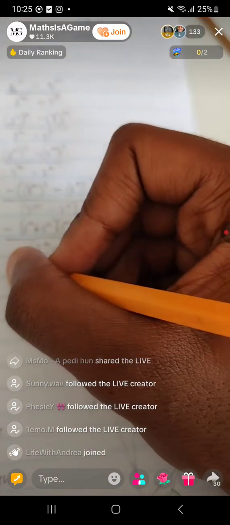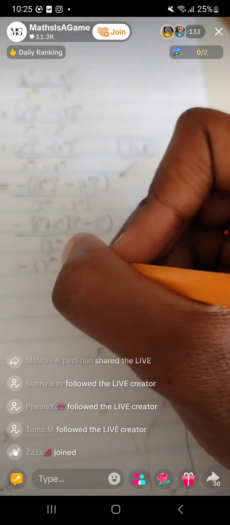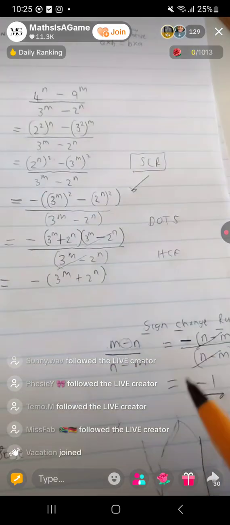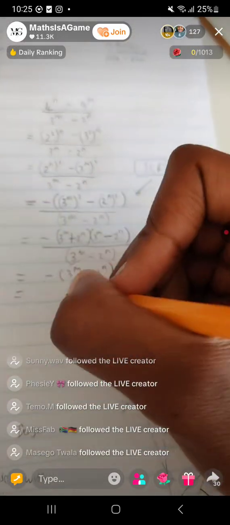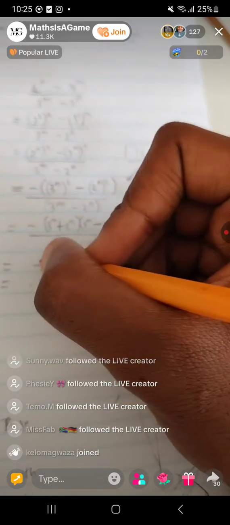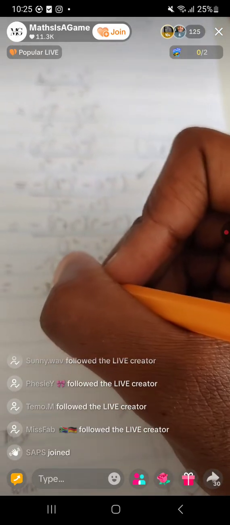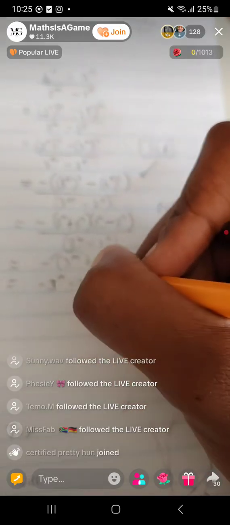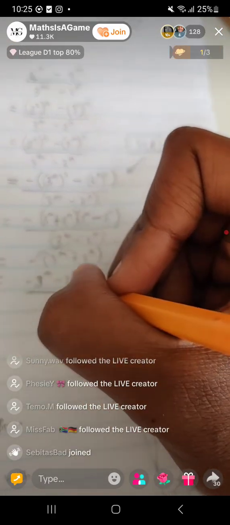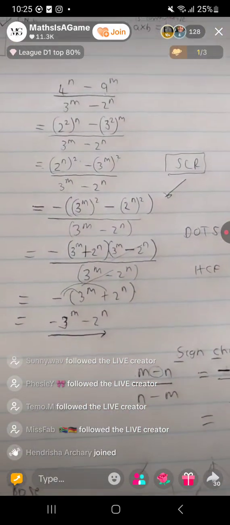We are left with negative into 3 to the power m to the power 2n. Then we simply distribute the negative inside the bracket to get an answer that is simplified of negative 3 to the power m minus 2 to the power n. And that is our final answer.